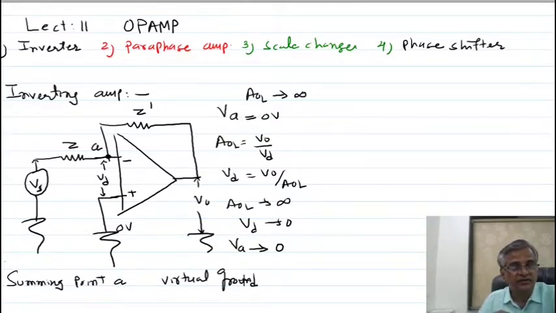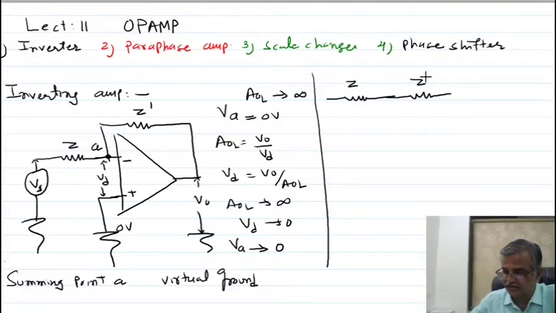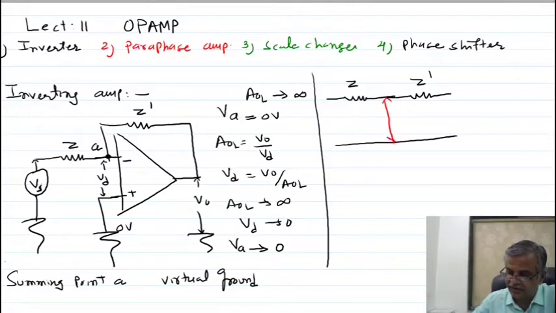The equivalent circuit of this can be shown by this diagram. This is called the equivalent circuit, and the virtual ground is represented by a double-headed arrow as shown in the figure. This is the input signal, this is your output signal, the output voltage you are measuring, this is your ground, and this point is A.